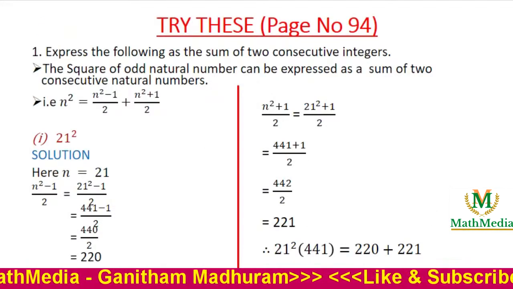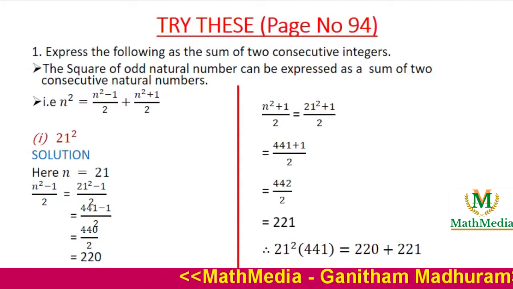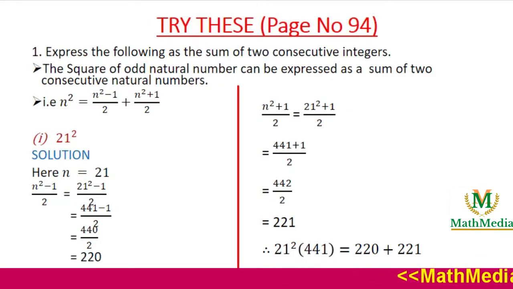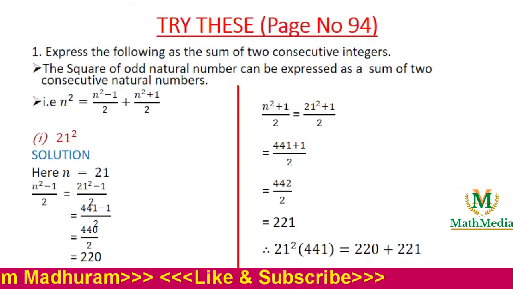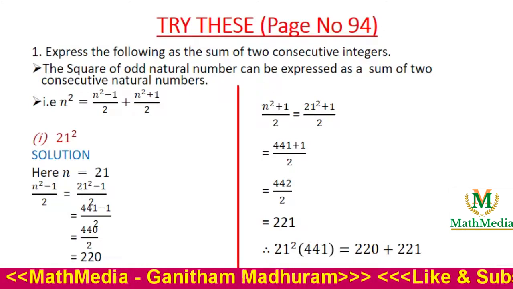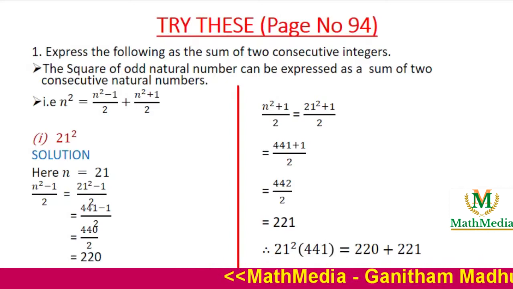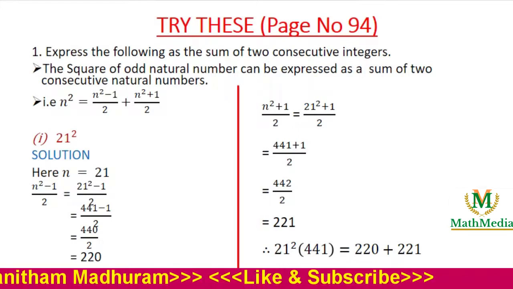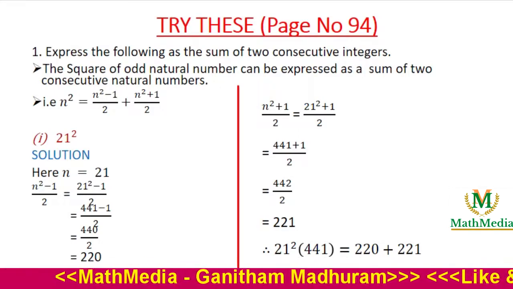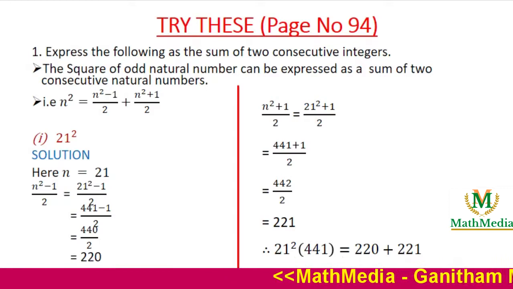Next, we move to try these questions of page number 94. Express the following as the sum of two consecutive integers. Before doing this sum, you have to learn a small formula, that is the square of an odd natural number can be expressed as a sum of two consecutive natural numbers.